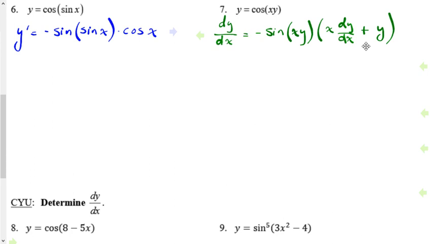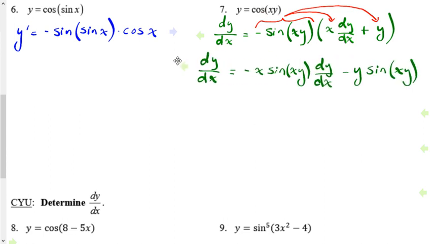So we need to take this negative sine xy and distribute it into this bracket. A common mistake is forgetting to do that distribution. So we're taking all of this and we're going to multiply it to the x dy/dx and also to the y. Really important to remember because it's easy to forget. So here's what it looks like when we do that distribution.